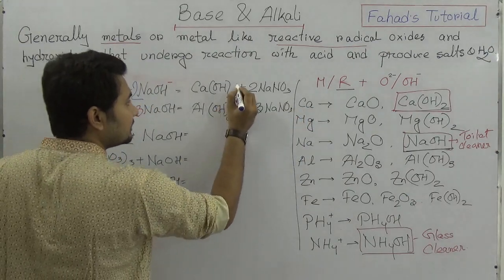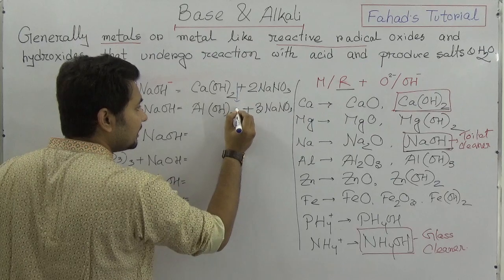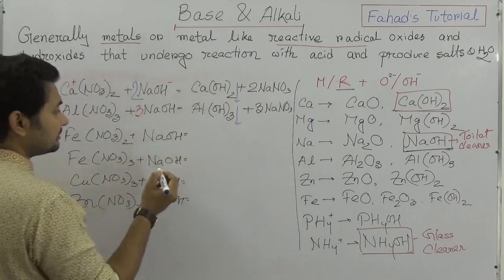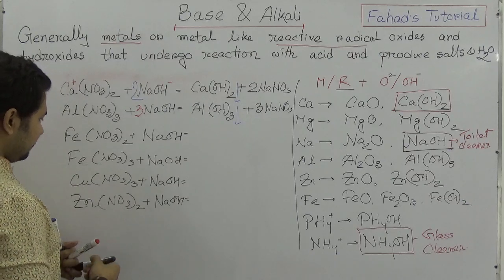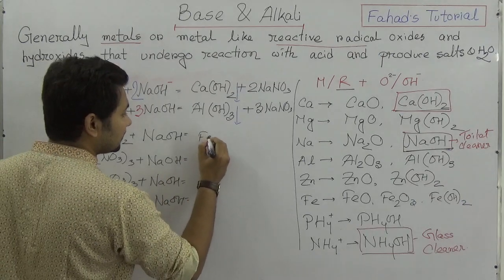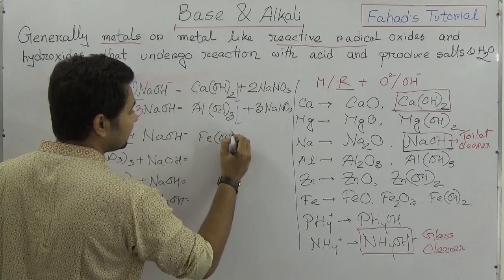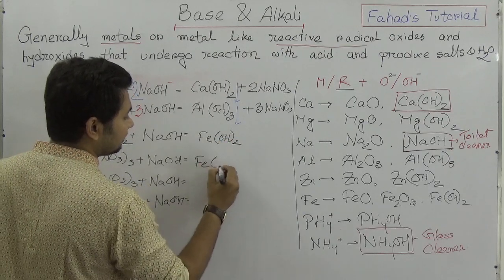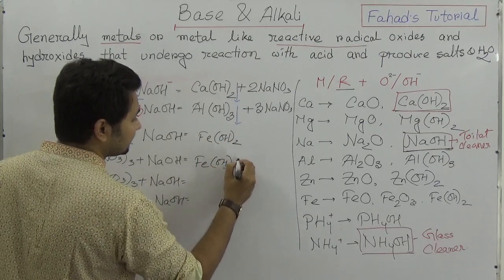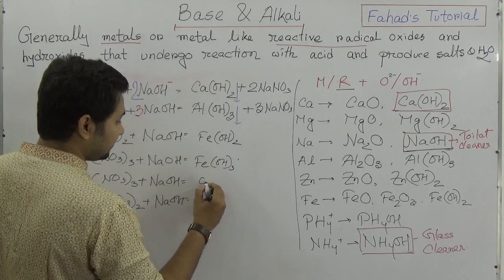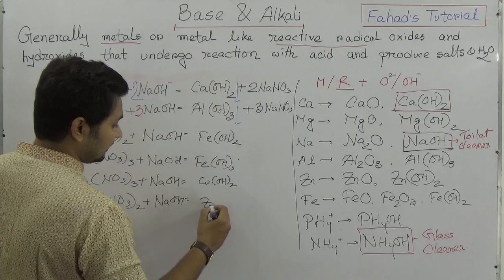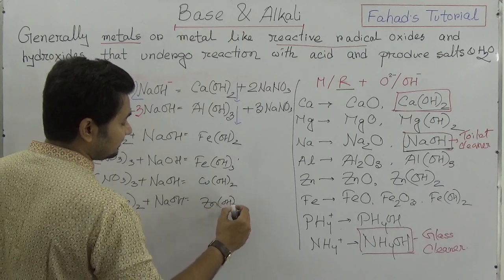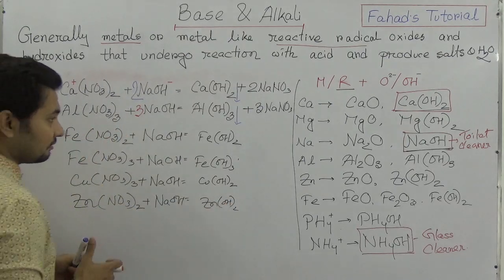So calcium hydroxide is a precipitate, aluminium hydroxide is a precipitate. In the case of ferrous nitrate, ferrous hydroxide will be the precipitate. Here, ferric hydroxide will be the precipitate. Here, cupric hydroxide will be the precipitate. Here, zinc hydroxide will be the precipitate. Now think about the color of it.